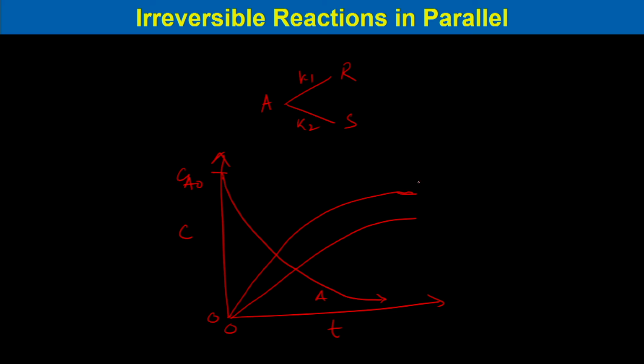So, this will be C_R if k1 is higher, and this will be C_S. So, this is the typical concentration profile for parallel reactions.